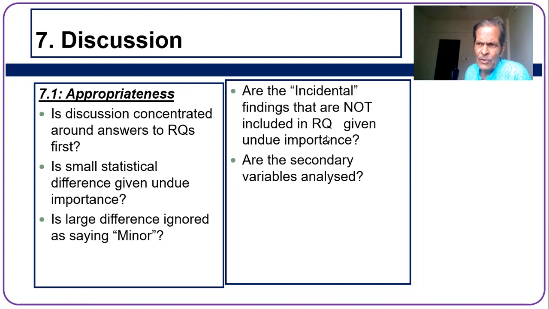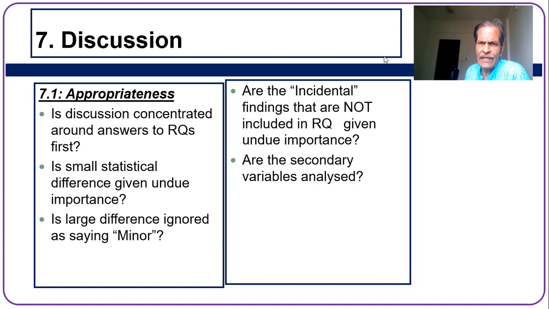But what was the main objective? What was the primary objective? The primary objective was the cure rate, and the side effects were the secondary objective. The study was not planned for detecting the difference in the side effects of the two drugs. That was the secondary objective, and the sample size, etc., was not calculated for finding out the difference in the side effects of the two drugs.